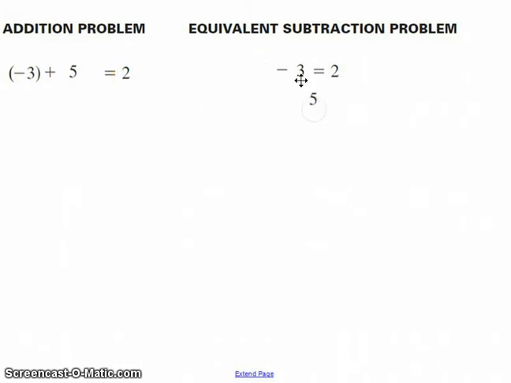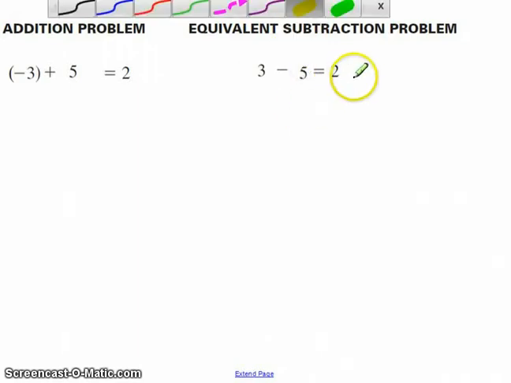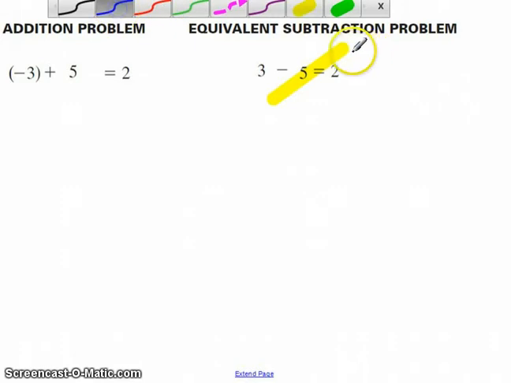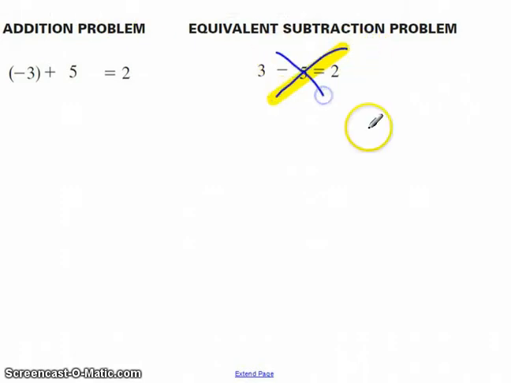I can't do that order change here, though. 3 minus 5 is not 2. If I want to be able to change the order of a problem, I've got to make sure that I'm only dealing with addition. Can't have any subtraction in there.